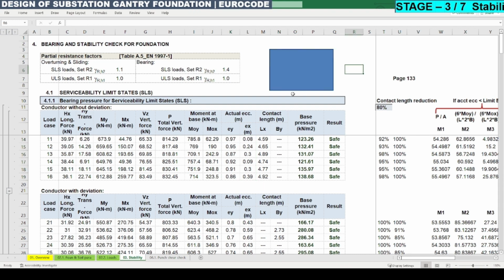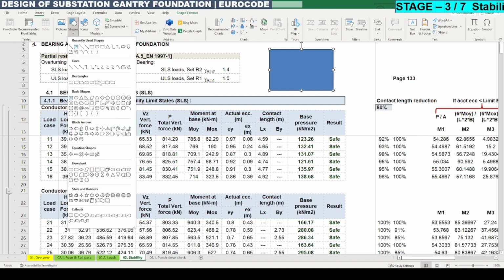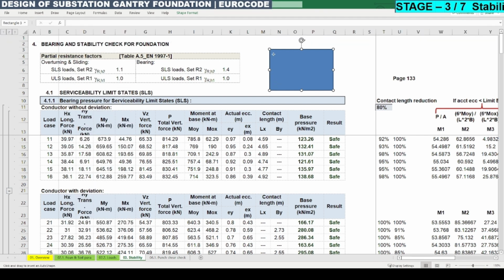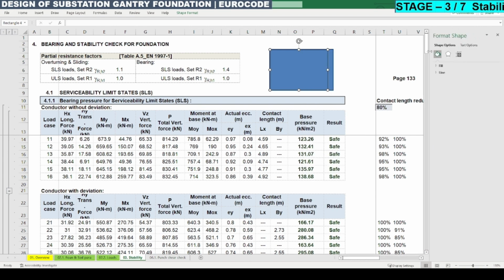So in that case, instead of the entire length, we must consider only the partial length. The foundation will reduce a little bit in order to support the contact to the soil, so we need to consider that here.